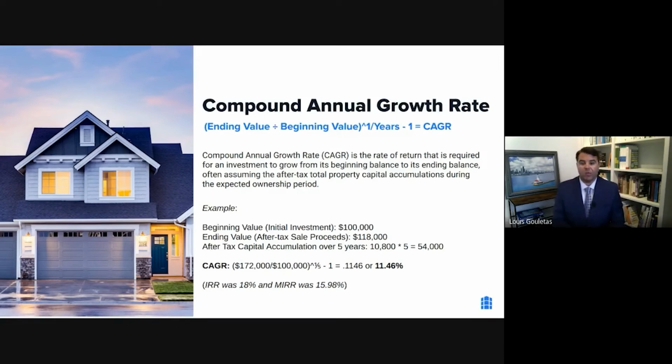We'll also look at what we purchased it for and the incoming cap rate, which is the NOI of that first year divided by what we purchased it for. And then we'll look at the exit cap rate, which is really what is the market going for? What is the market valuing our cash flows at?